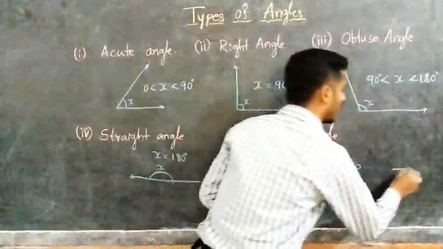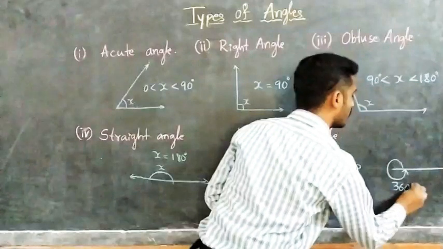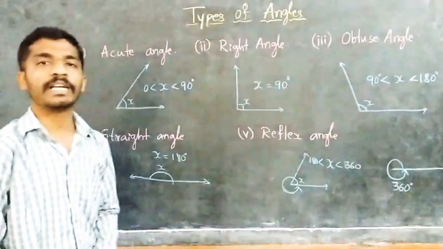What is a complete angle? The complete angle is a total of 360 degrees. This is our complete angle.